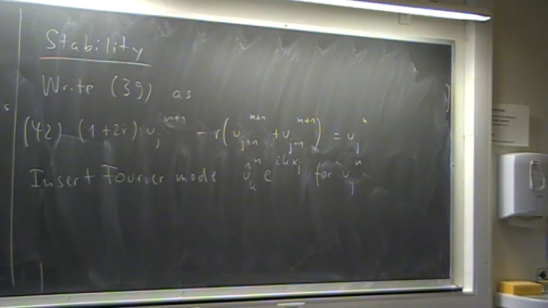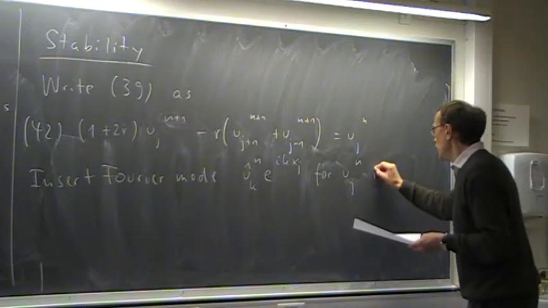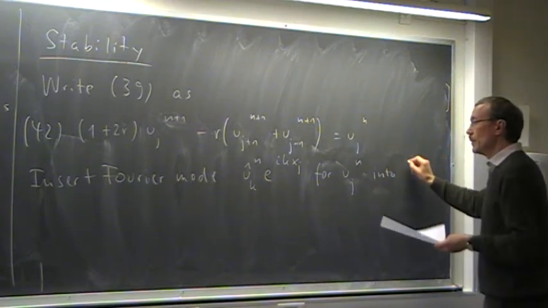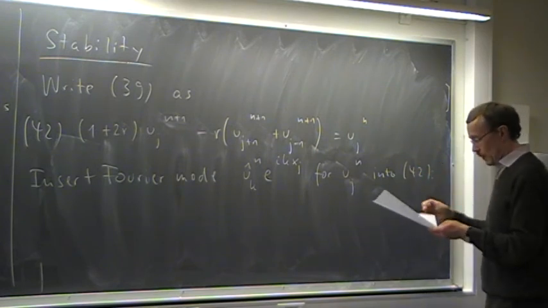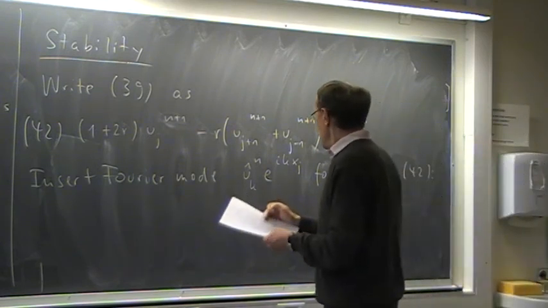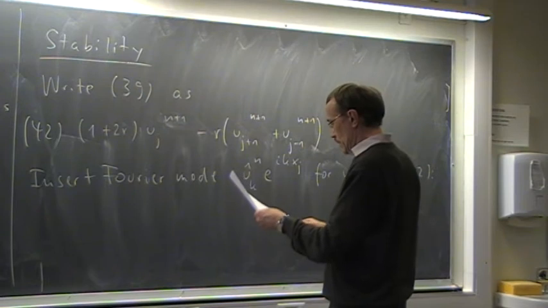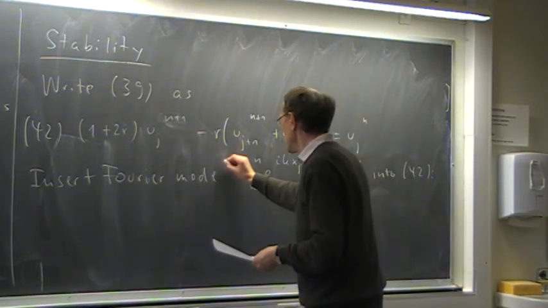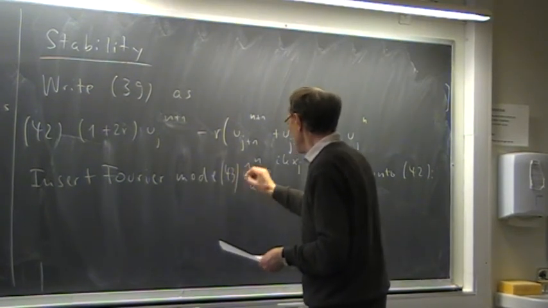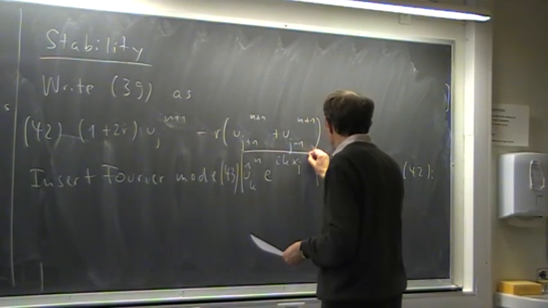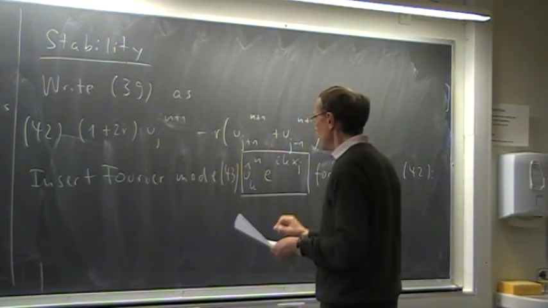We insert this mode for u_j^n into equation 42. And that we give a name. We gave this 43. We gave this name here for the Fourier mode.